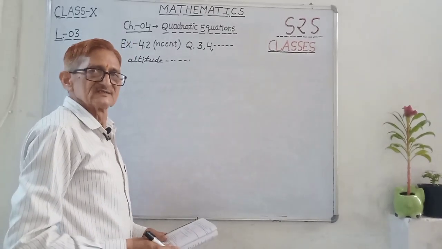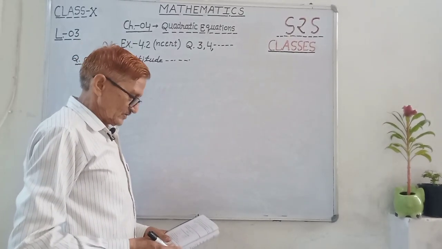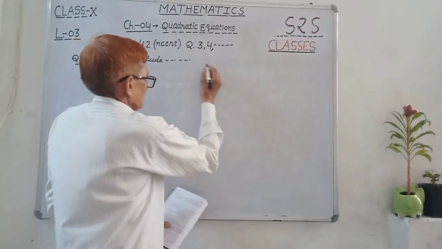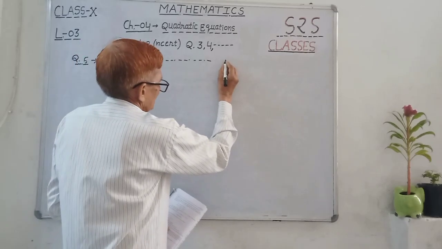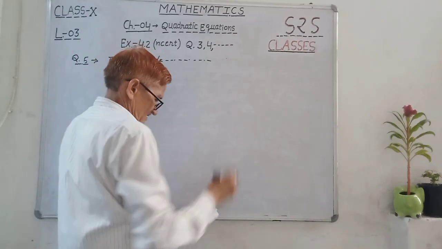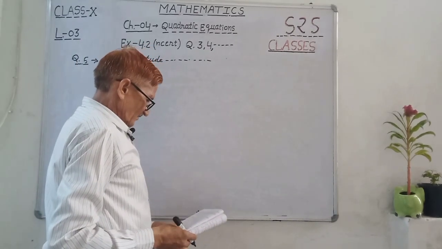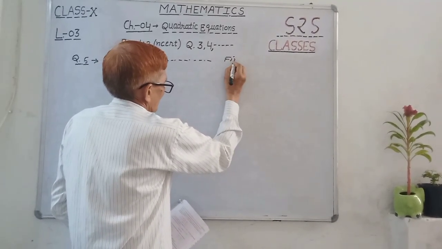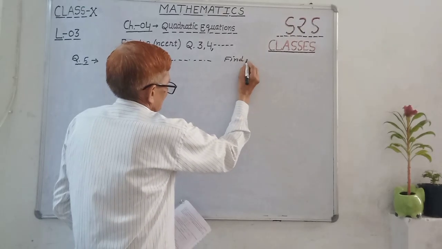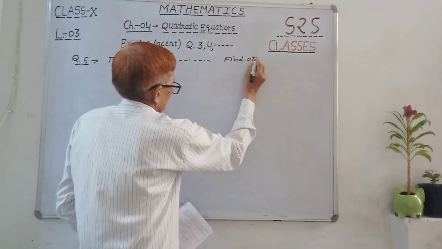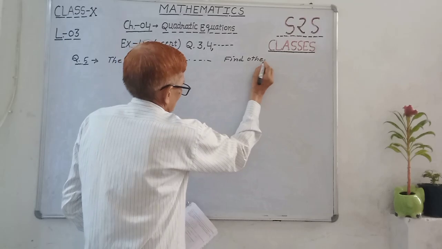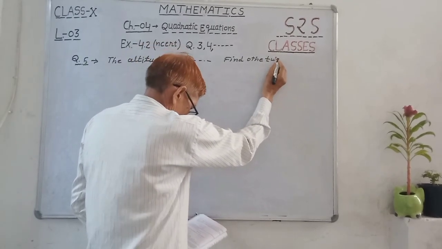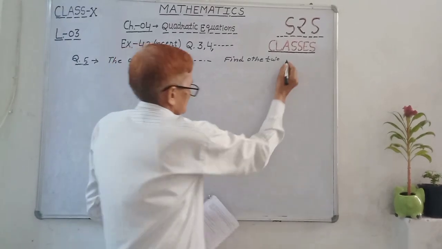So let the base be something, and then the altitude will come. After that, if the hypotenuse is 13 centimeter, find the other two sides.